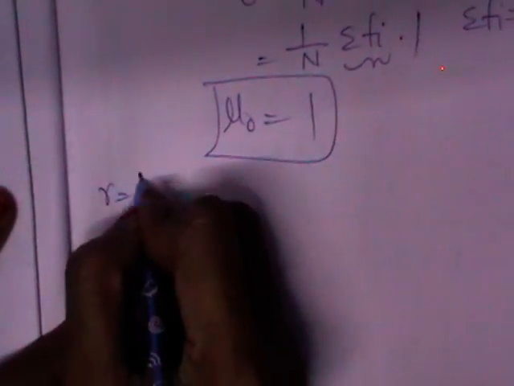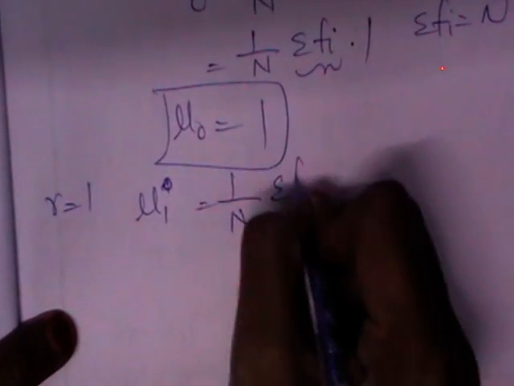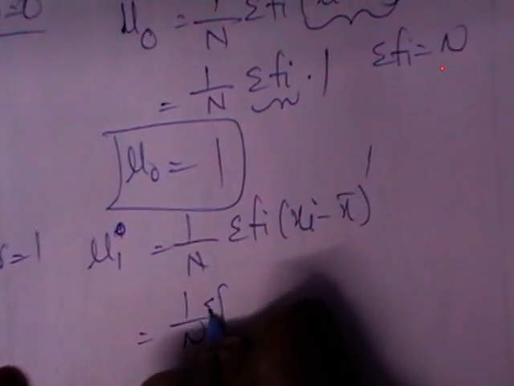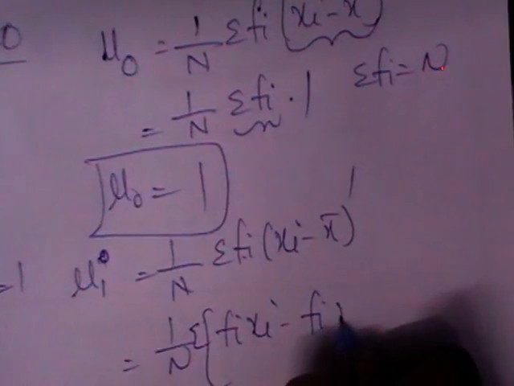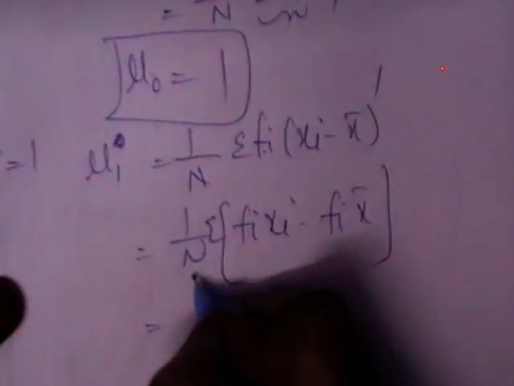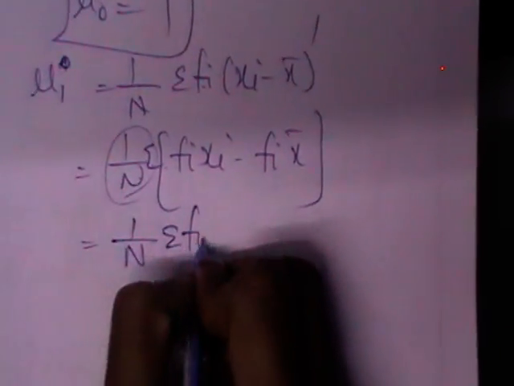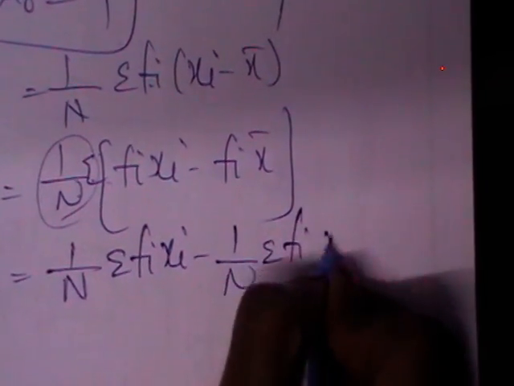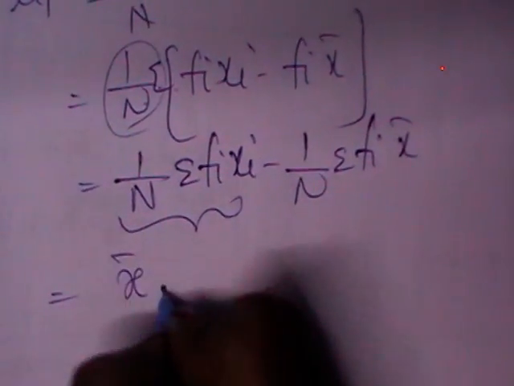If you put r is equal to 1, you will get mu 1 is equal to 1 by n sigma, multiply these two terms, fi xi minus fi x bar. Again this 1 by n sigma is for the first term as well as for the second term: 1 by n sigma fi xi minus 1 by n sigma fi x bar. 1 by n sigma fi xi is nothing but x bar.